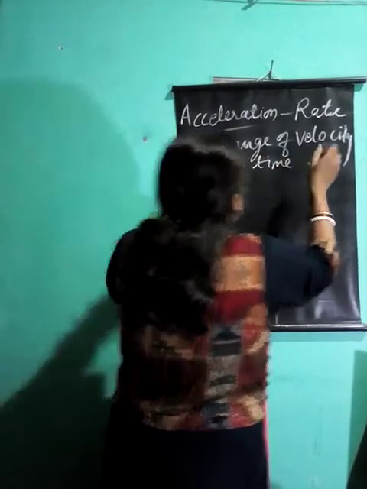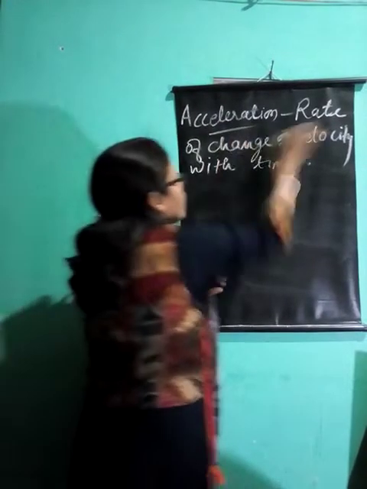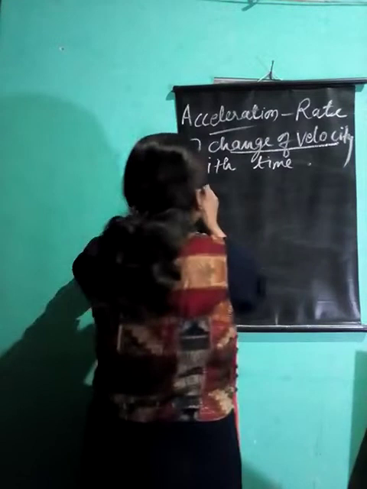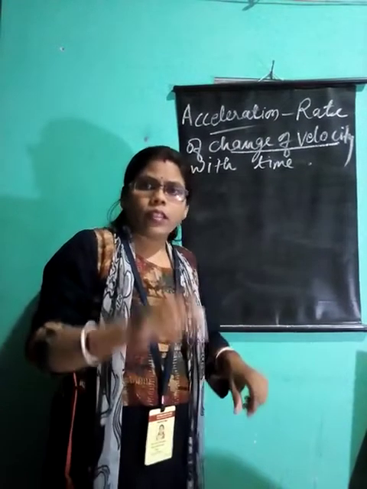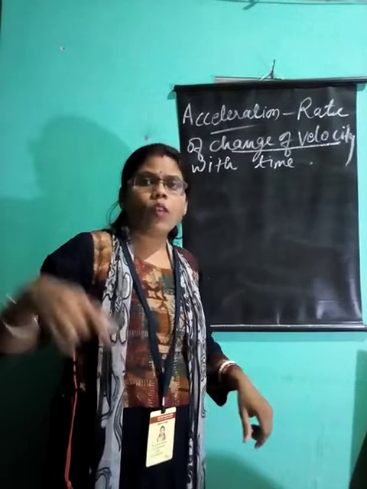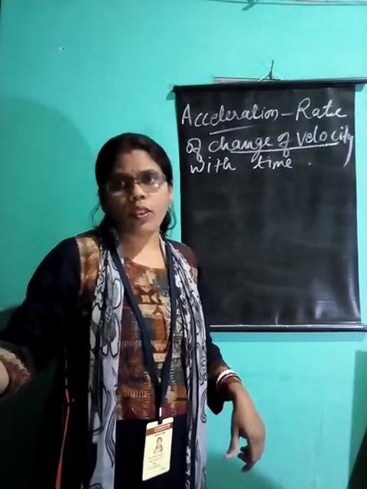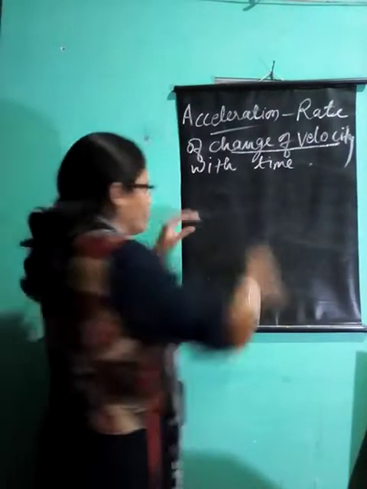See here, important thing. Acceleration is rate of change of velocity. So here important is your change in velocity. Initially if the vehicle had 10 km per hour speed, now when you press the accelerator, it will have the speed of 40 km per hour. So change in speed is there.